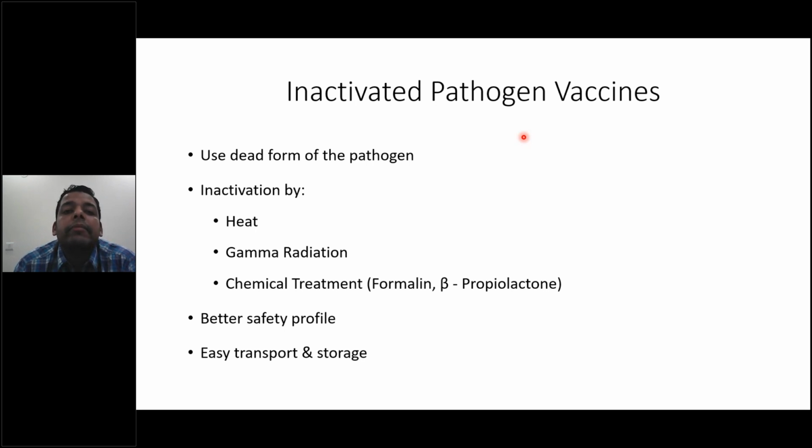This inactivation may be done either by heat or by gamma radiation or by chemical treatment using chemicals like formalin or beta propiolactone. Since the virus is inactivated or dead, these vaccines have a better safety profile. They are easier to transport and store because we don't have to worry about the viability of a live or attenuated virus.